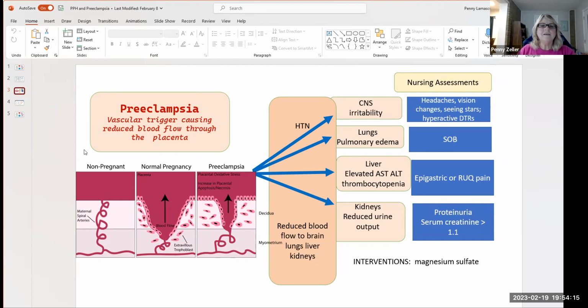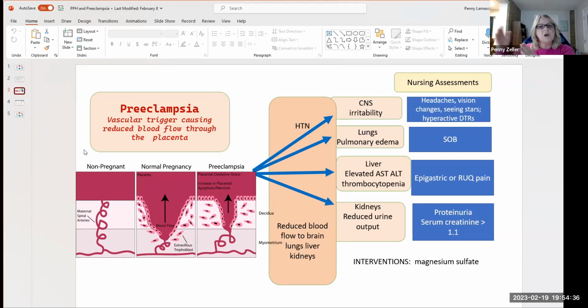Okay. Urine output. So initially, before treatment, we expect urine output to be less, because the kidneys are being injured. So they're not going to be filtering as well. Once we get her therapeutic, it improves urine output.